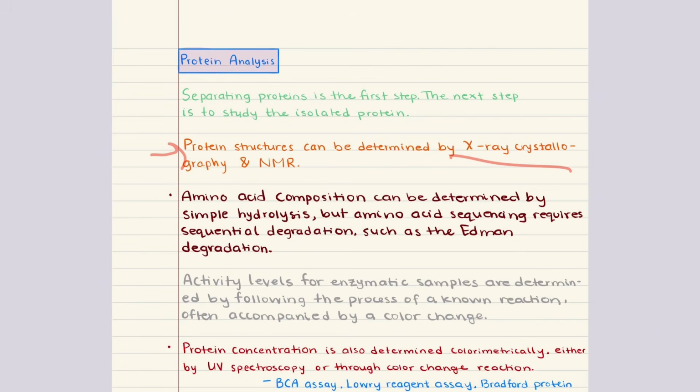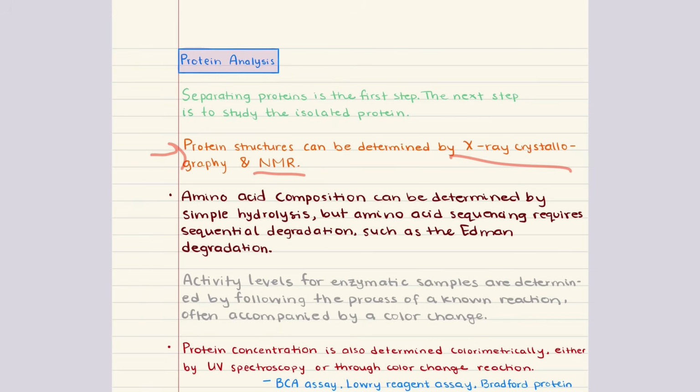Some proteins are difficult to crystallize. Then there's NMR spectroscopy, or nuclear magnetic resonance spectroscopy. This is used for smaller proteins, and it relies on magnetic properties of certain atomic nuclei to reveal structural details in solution.